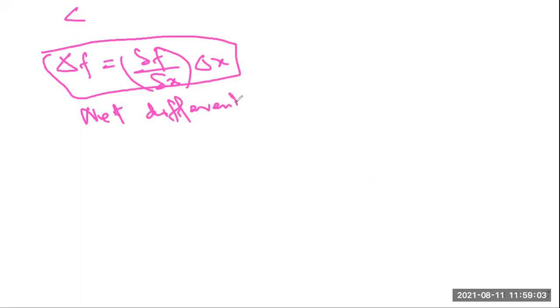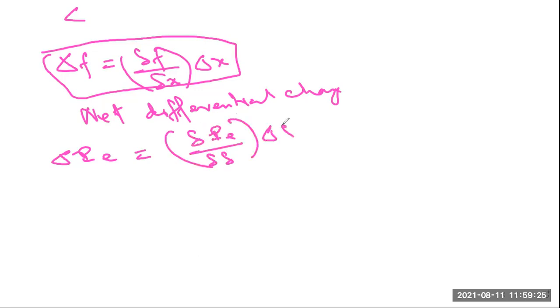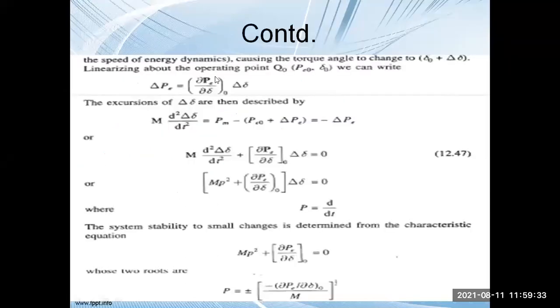In this case it is P, so delta P will be equal to delta P by delta delta into delta delta. Okay. So this way we are actually writing this.